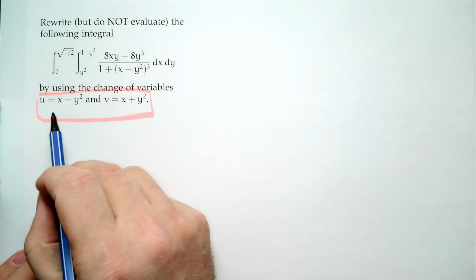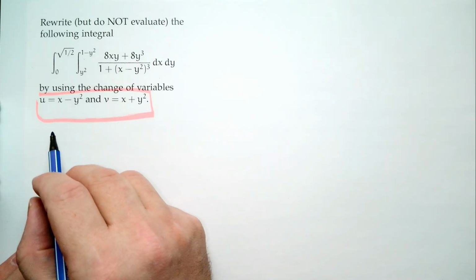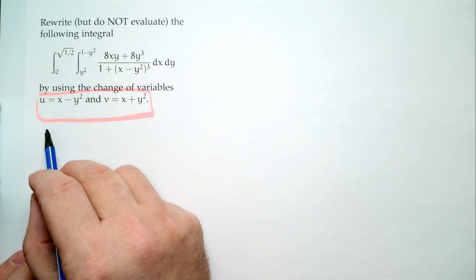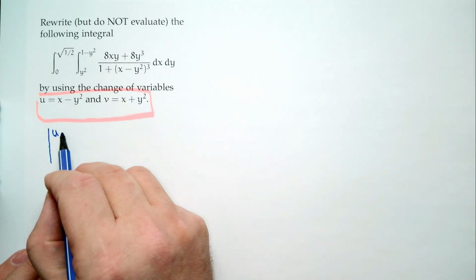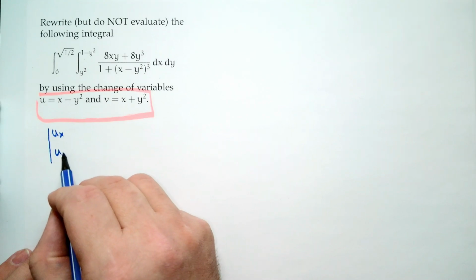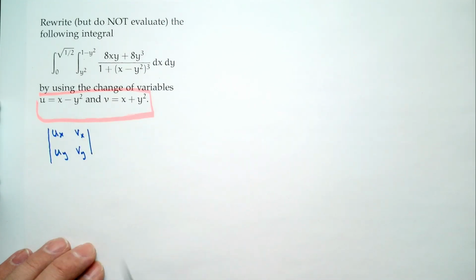We're going to start with u equals and v equals, and set up a little 2 by 2 matrix and take the determinant. So it's u sub x, u sub y, v sub x, v sub y. Like I said, this matrix is very forgiving.